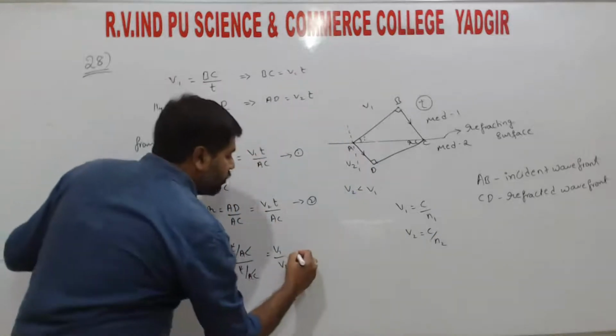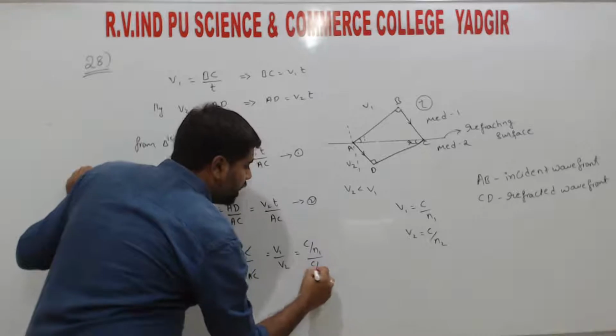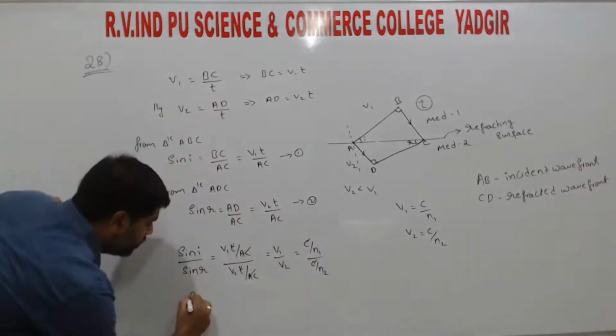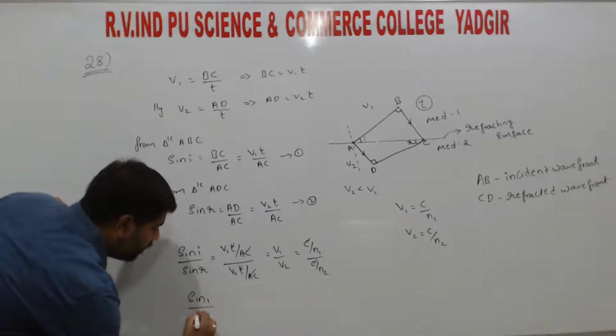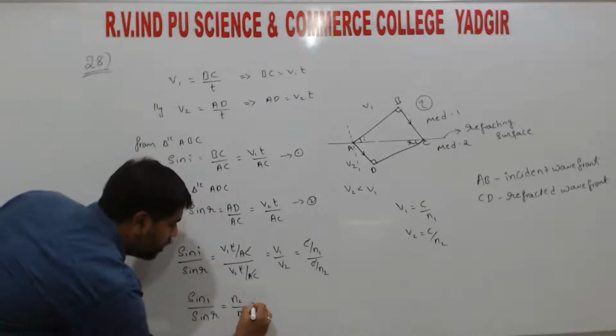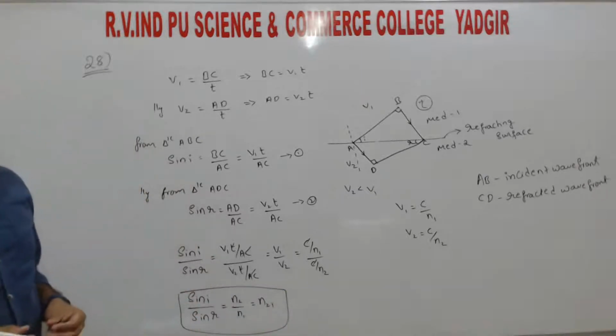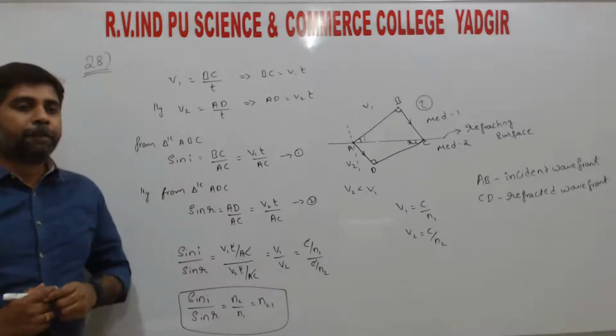Substituting, v1 by v2 is c by n1 divided by c by n2. c gets cancelled. So finally sin I by sin R is equal to n2 by n1. This is Snell's law of refraction, right?